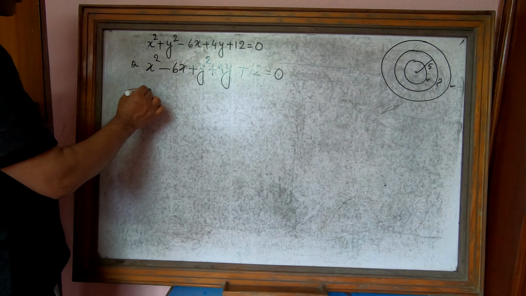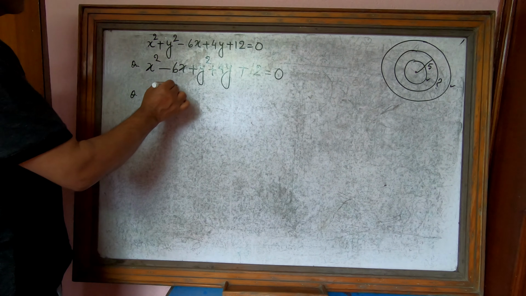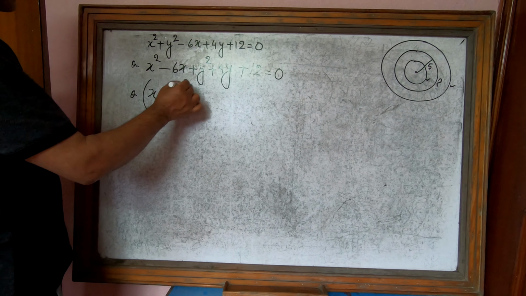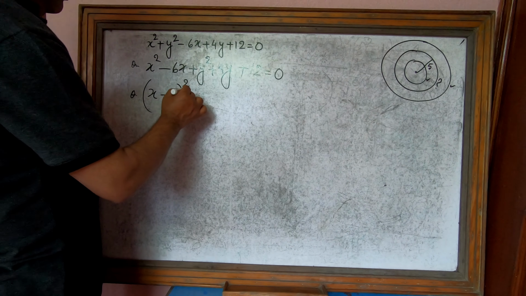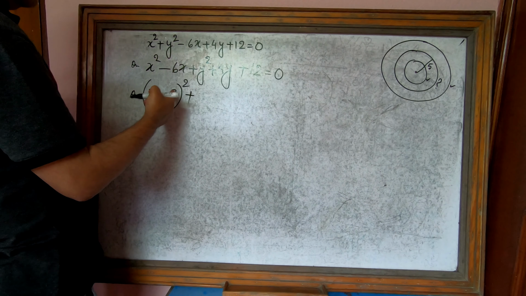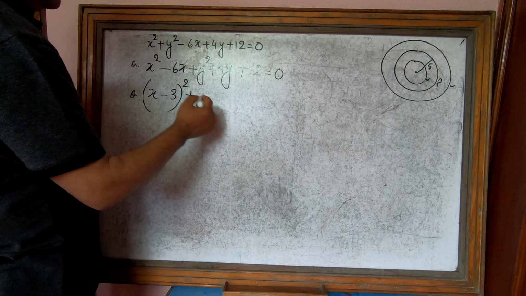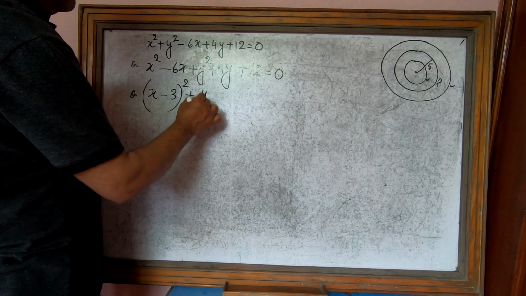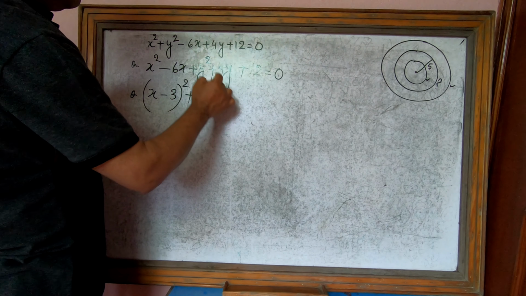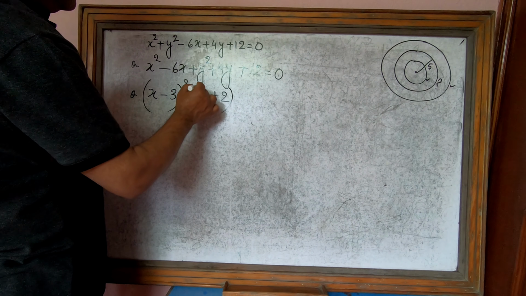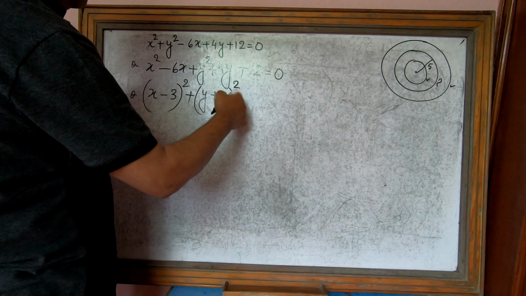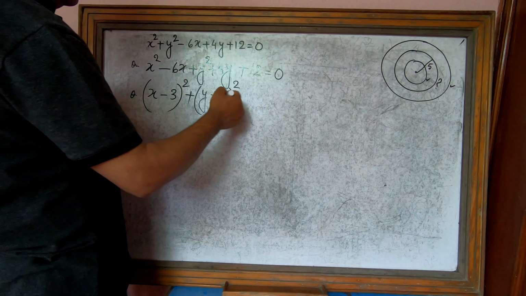This will be (x minus 3) whole square, okay, plus 9 extra. We have to write minus 9. This will be y square plus 4y, 2ab, (y plus 2) whole square plus 4, so minus 9 minus 4, 13.